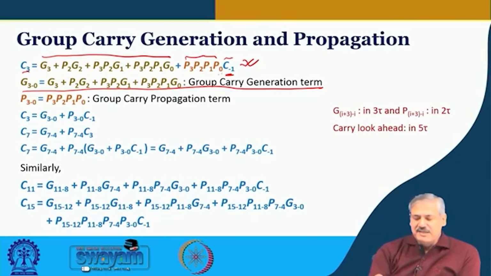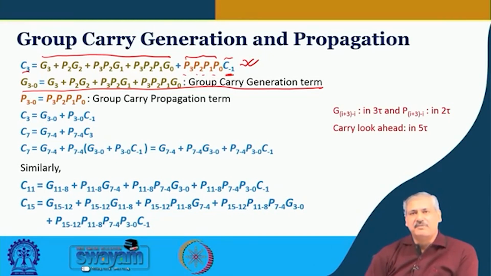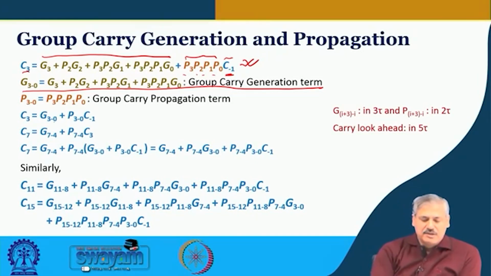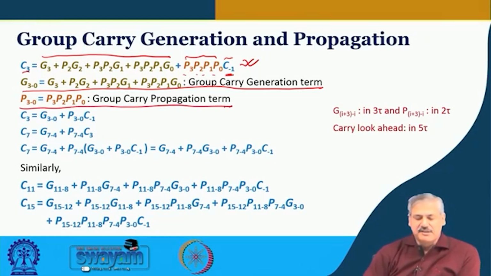So, this we say group carry, because it is generated from individual Ais and Bis, the ordering of Ais and Bis at individual bitwise ordering. So, this is the group carry propagation term, right.